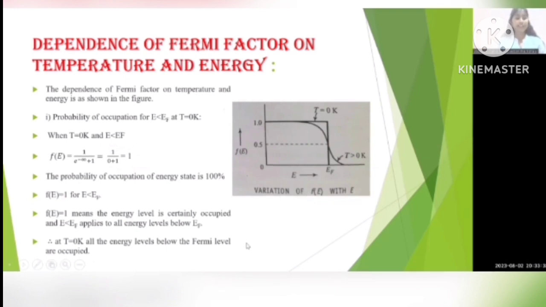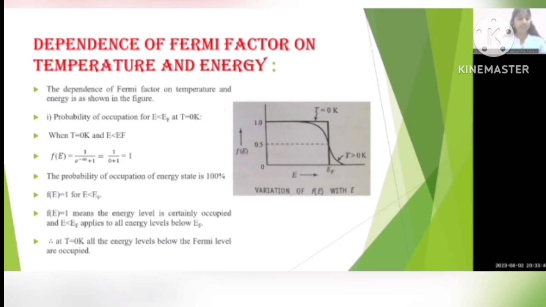Let us verify this Fermi-Dirac distribution function, whether it is as per the definition or not. As mentioned in the previous equation, f(E) = 1 / (1 + e^((E - Ef)/kT)).